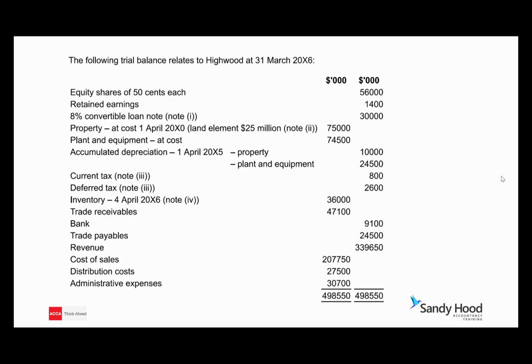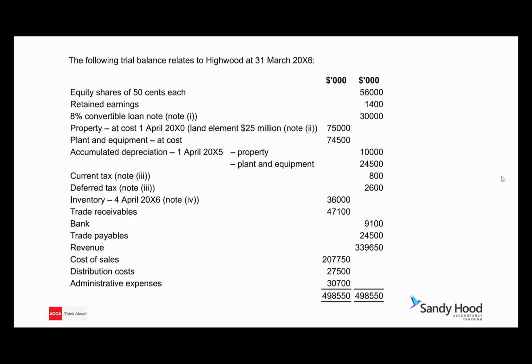Some opening values. Interesting here, we can see property was bought quite a few years ago and includes within it a land element. So I'm expecting to see something to do with revaluation here. And some plant and equipment, accumulated depreciation, some current tax and deferred tax, both with notes.